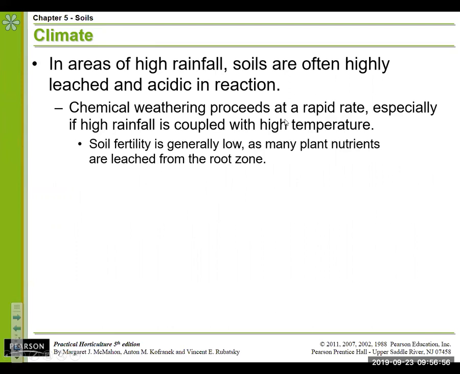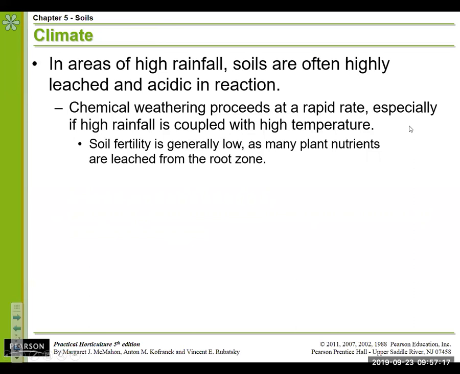So in areas of high rainfall, we have chemical weathering proceeding at a higher rate, especially if it is coupled with high temperature. So in these areas, generally soil fertility is low because many of the plant nutrients are being leached from the root zone.